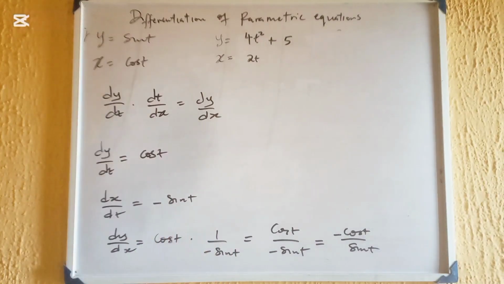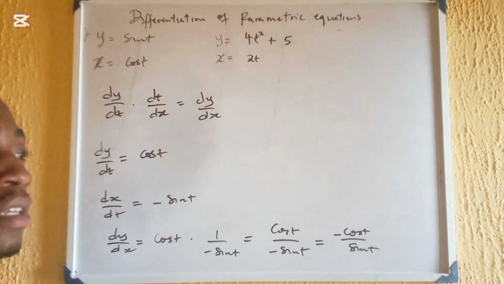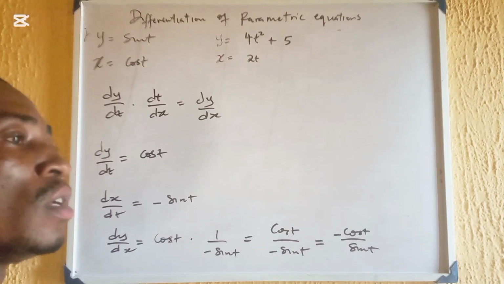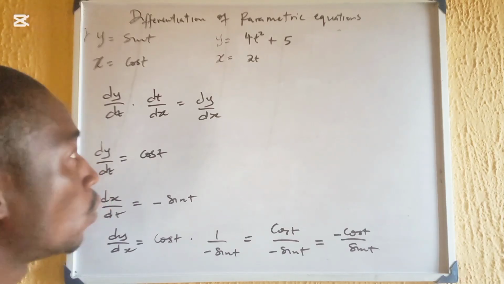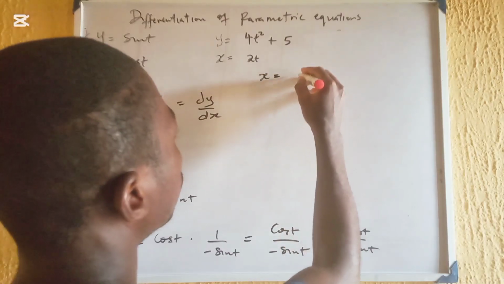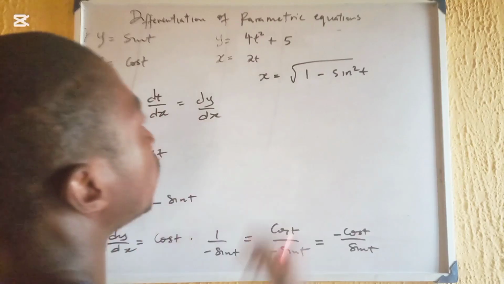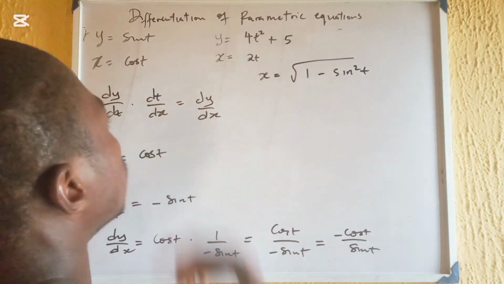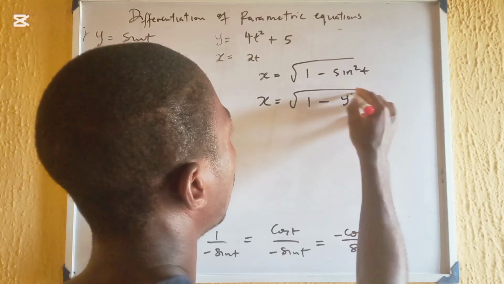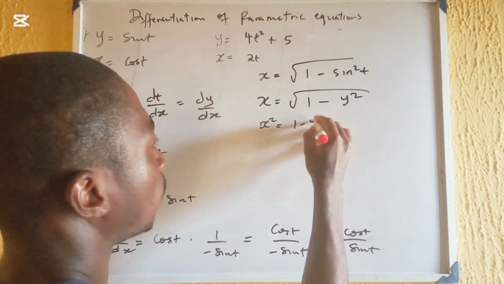Here we have y is equal to sin t and x is equal to cos t. Remember that cos t is equal to root of 1 minus sin squared t. That's from sin squared t plus cos squared t equal to 1. So in that case, we'll have that x is equal to root of 1 minus sin squared t. Then sin t is y. So x is equal to root of 1 minus y squared, which means that x squared is equal to 1 minus y squared.